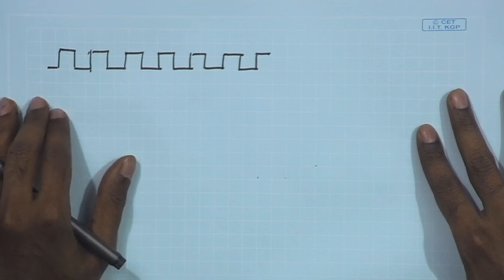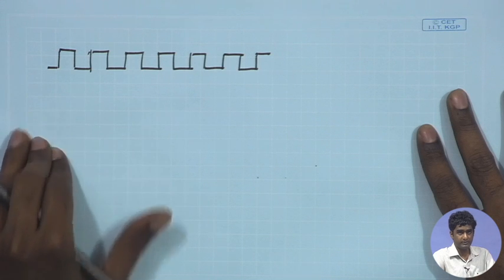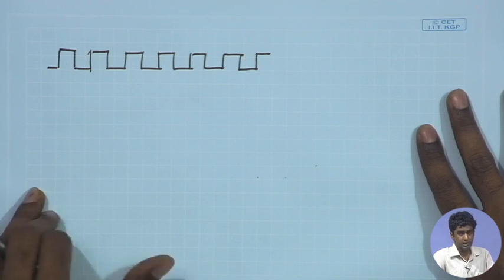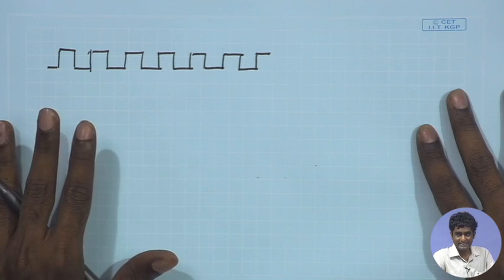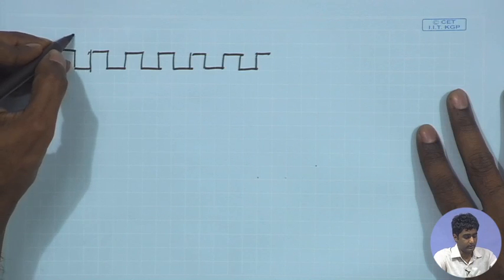Suppose to begin with, all the flip flops were set to 0, that means their outputs were 0, and suppose I assume that all of them are negative edge sensitive, that means they are going to make transitions at the negative edge of the clock at these points.